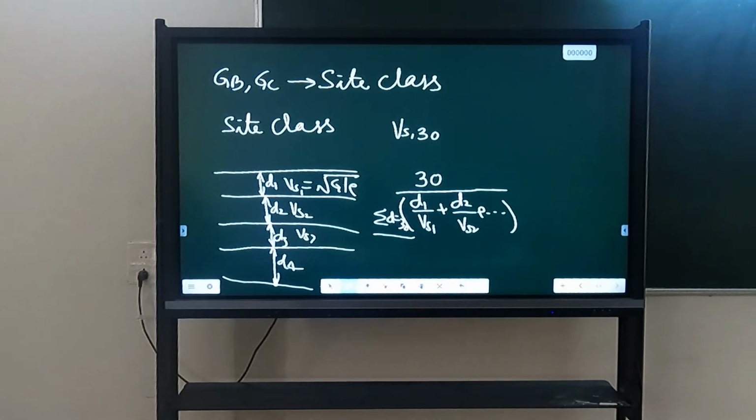Plate load test. Cyclic what? Cyclic triaxial, you mean? Cyclic triaxial is even more complex. You have to remove the sample and put it in a cyclic triaxial machine. That is also there in our geotechnical lab. You should go and see.